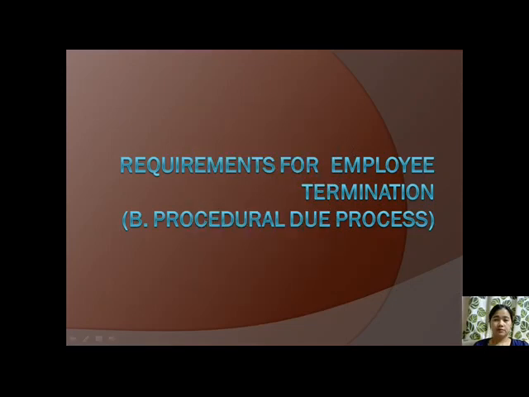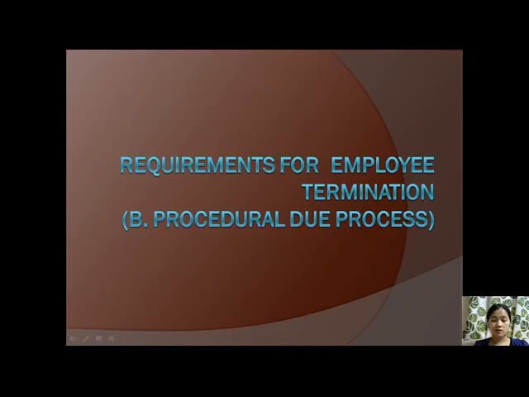Okay, good afternoon. So for today's topic, we're going to discuss the requirements for employee termination under procedural due process. Last meeting, we already discussed substantive due process, wherein there are two types of substantive causes, which are the just and valid causes and, of course, the authorized causes.